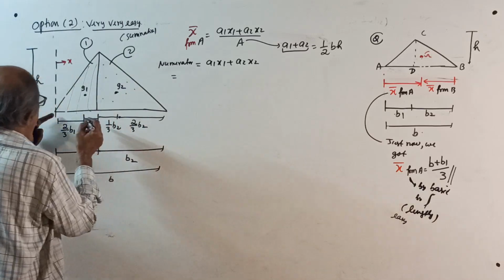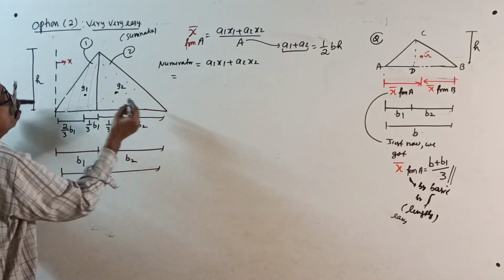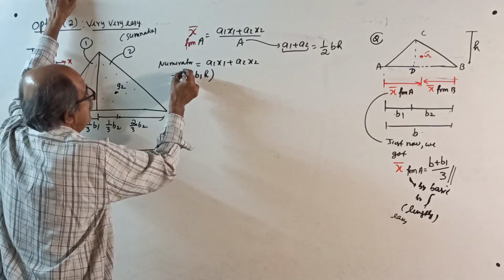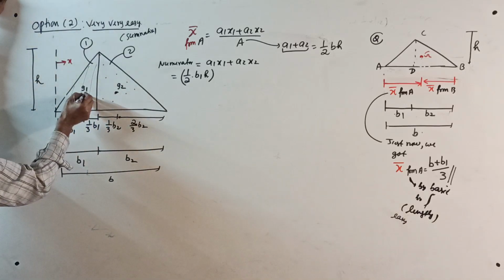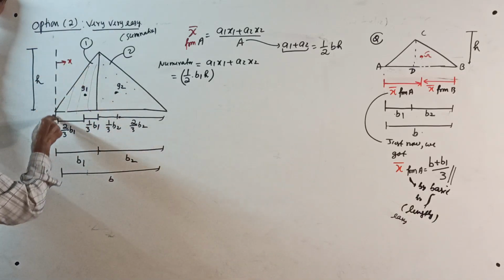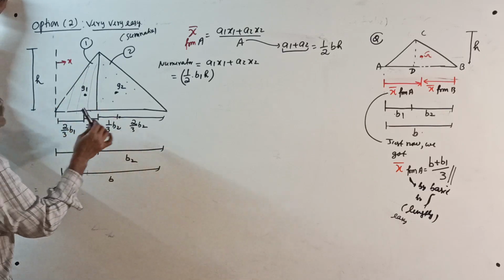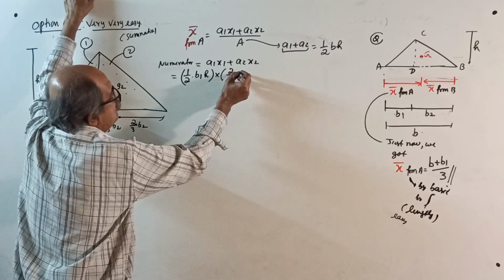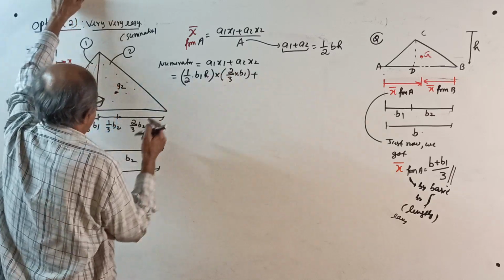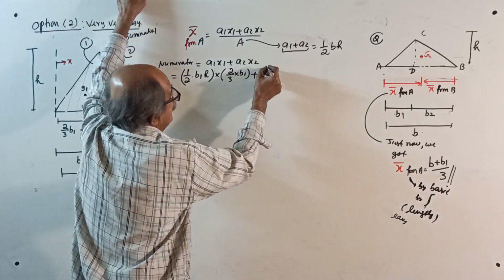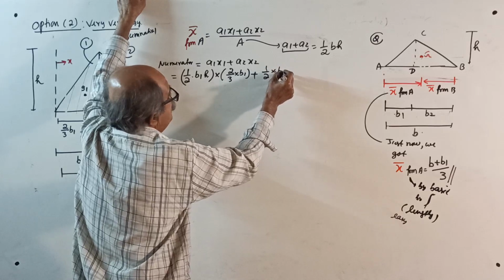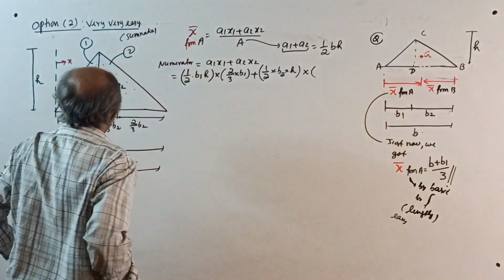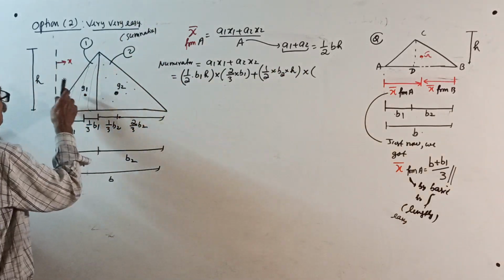Equal to A1, the area of figure number 1, half into B1 into H, into its centroid from here, 2/3 of B1, plus the area of figure number 2, half into B2 into H, into its centroid G2 from here, which we want.